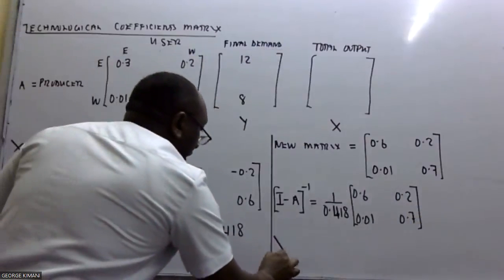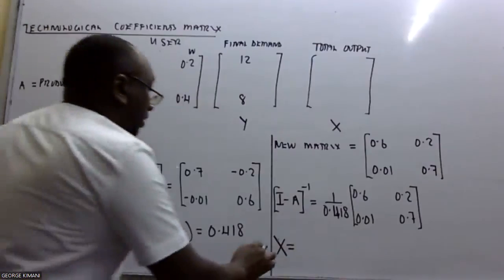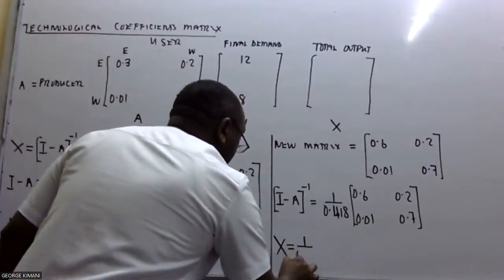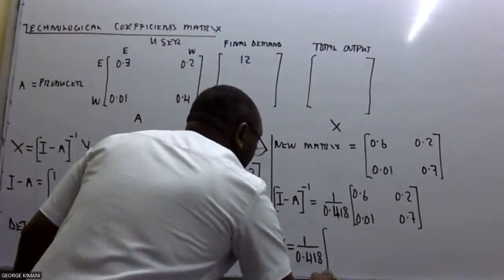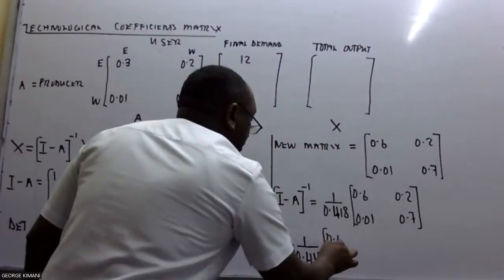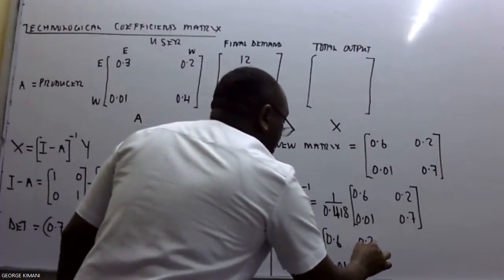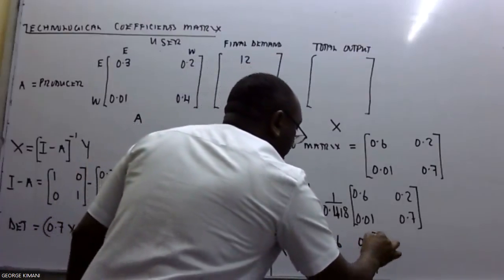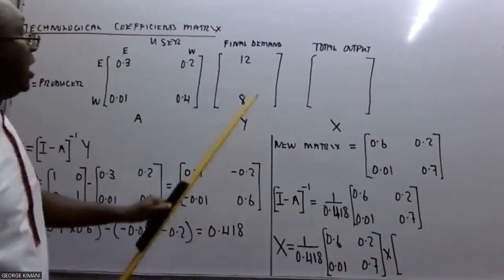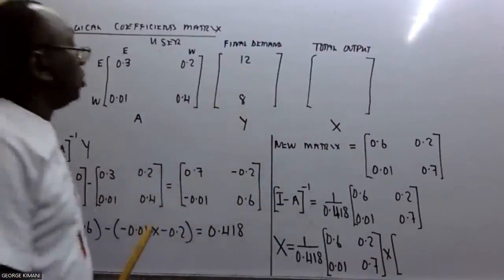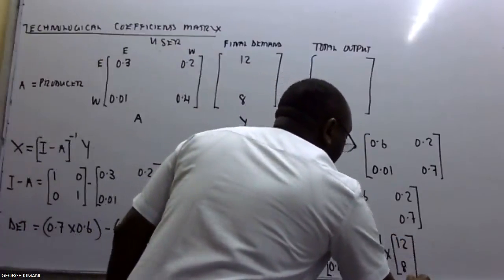Then X is given by the formula: 1 over the determinant 0.418, multiplied by 0.6, 0.01, 0.2, 0.7, multiplied by matrix Y, which was 12 and 8.